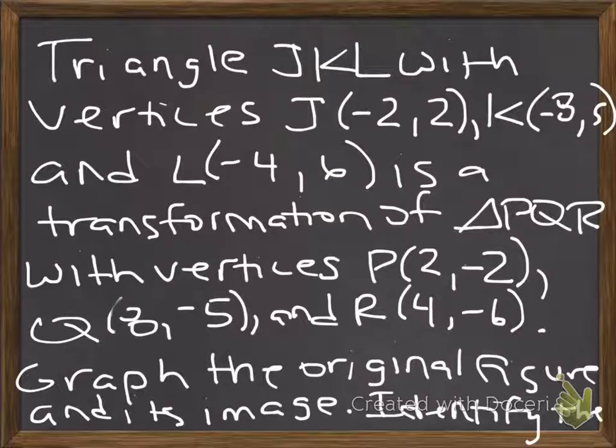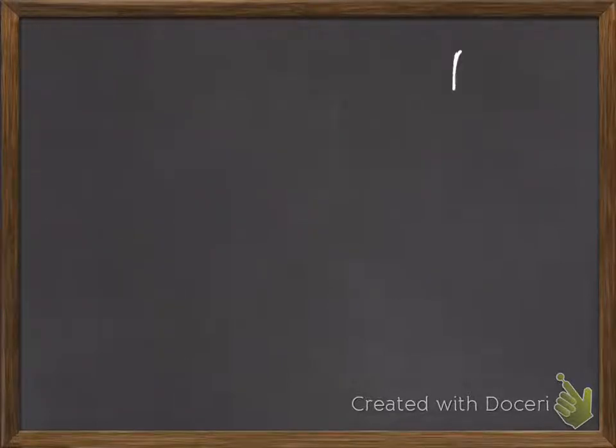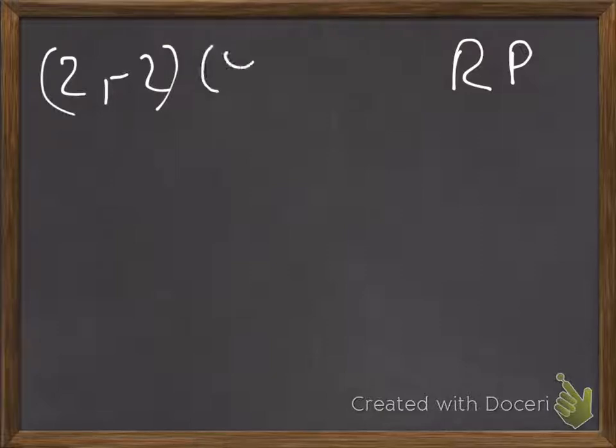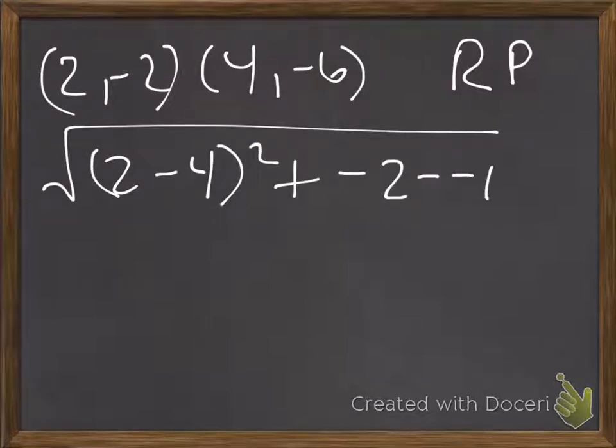And then one more. RP. So 2, negative 2, 4, negative 6. And that gives us 2 minus 4 squared plus negative 2 minus 6 squared.